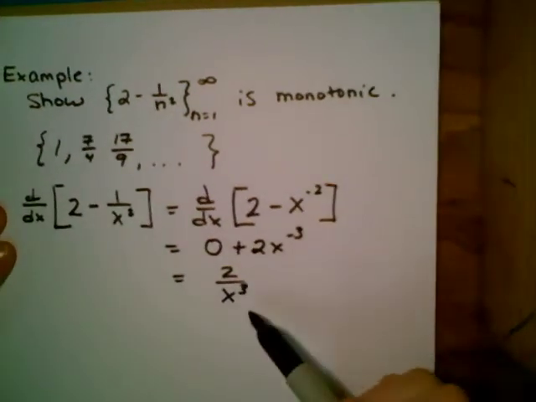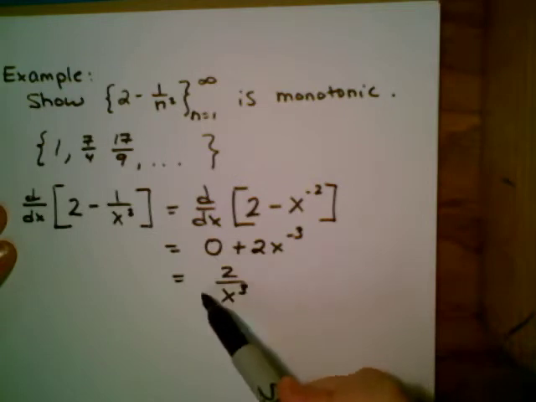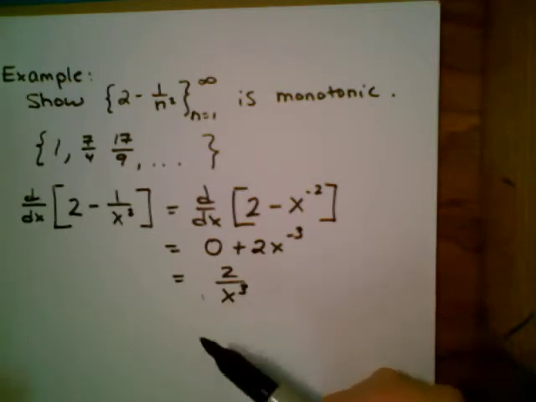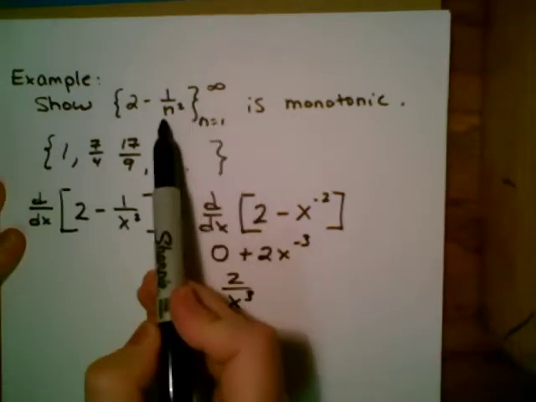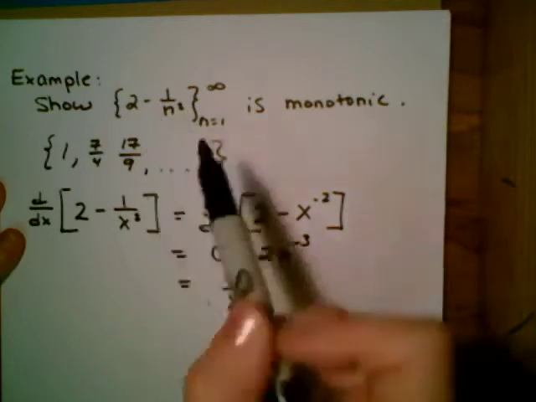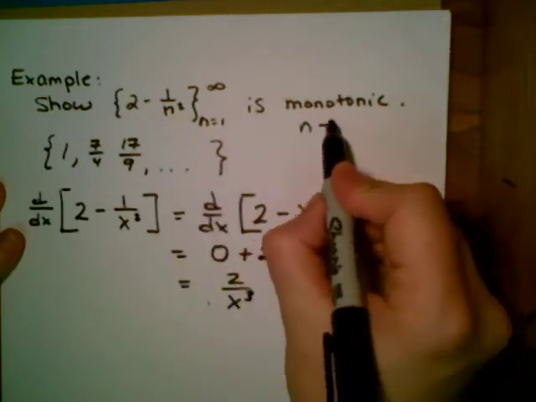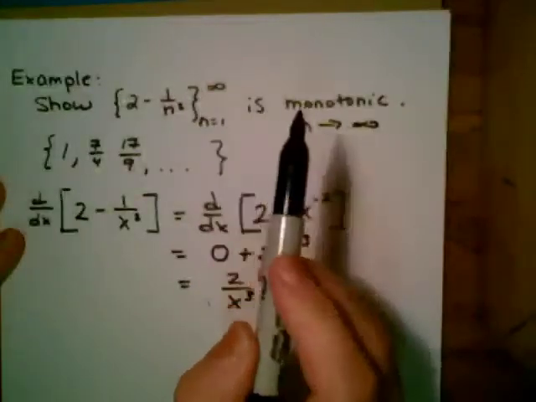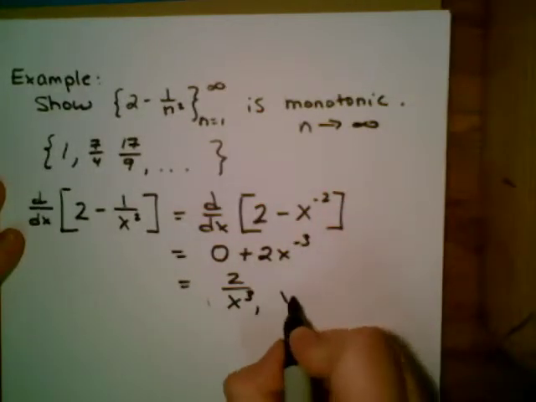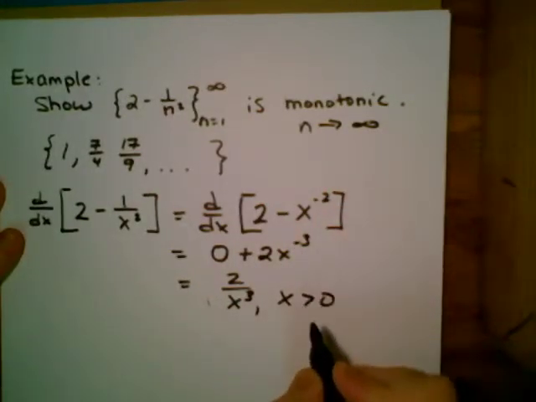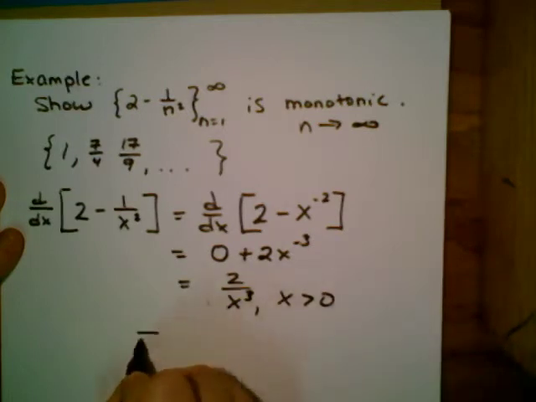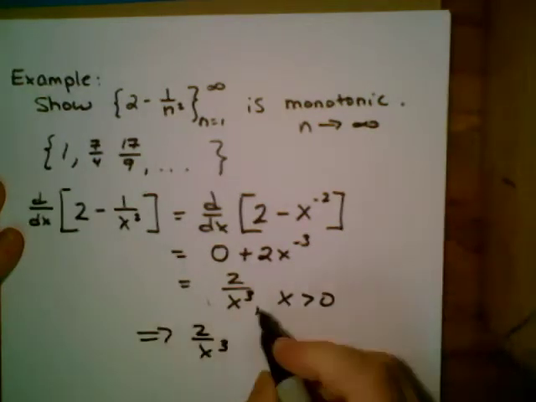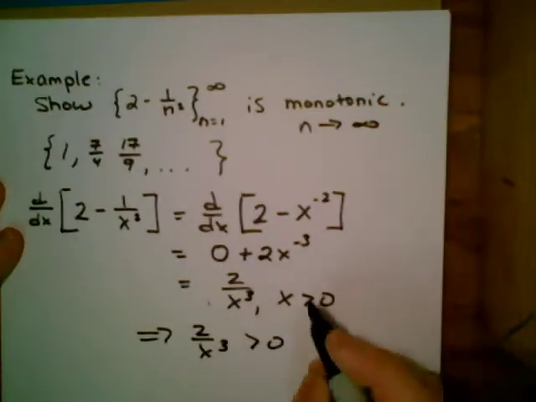Okay, so it may not be clear if this function is always positive or always negative. But for sequences, we know that we're going to let n go off to infinity, and n is going to be greater than 1, so n is positive. So we can assume that x is positive, and that would imply this ratio is positive.